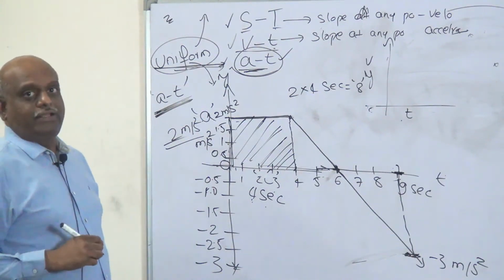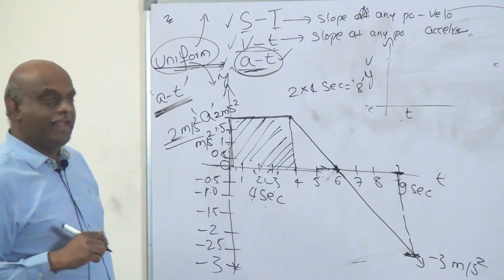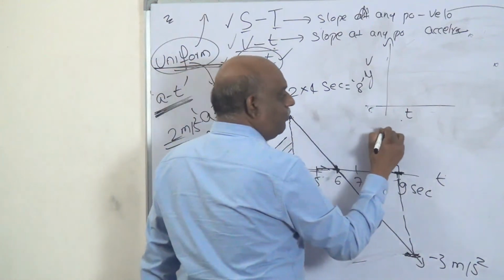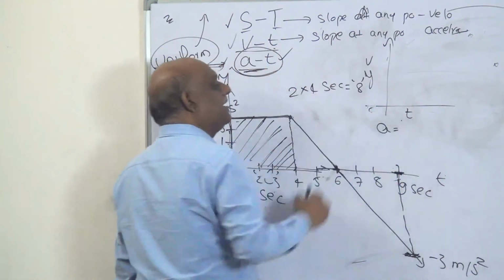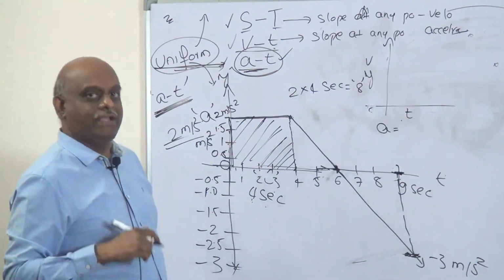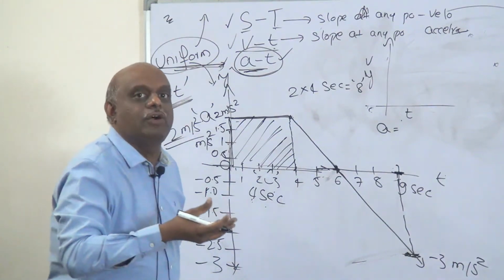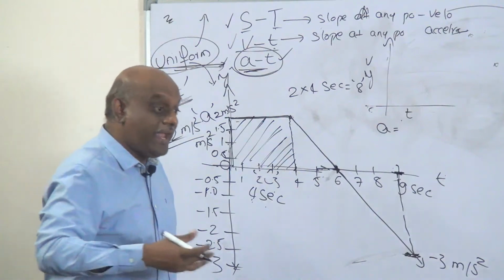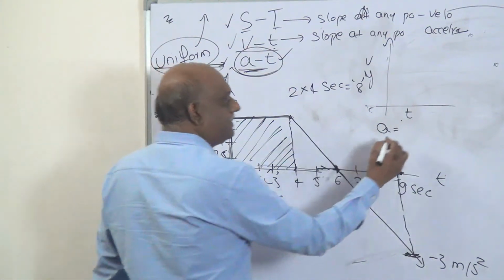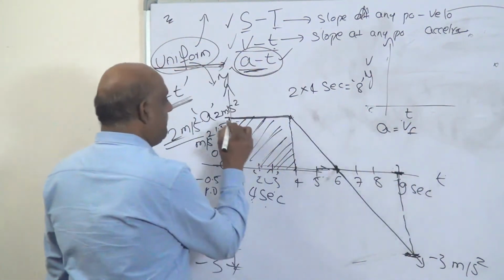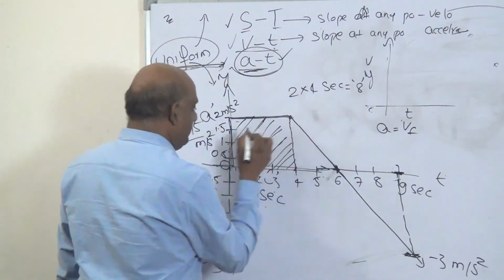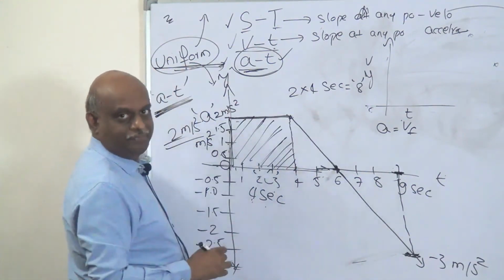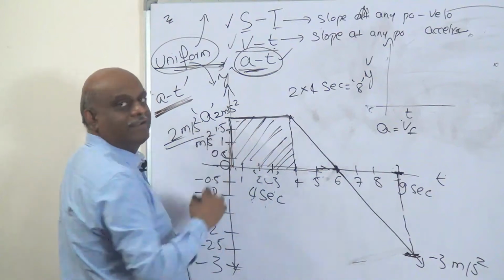So what did we learn in our earlier class? What is the definition of acceleration? Acceleration is the change in the velocity over a period of time. There is a final velocity by the time the object traveled from this point to this point, because there is a uniform acceleration.